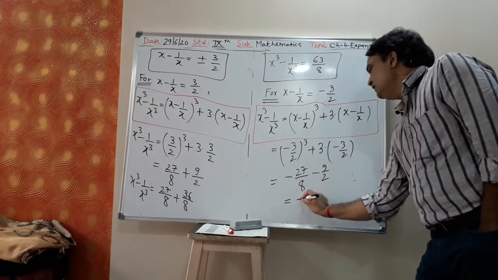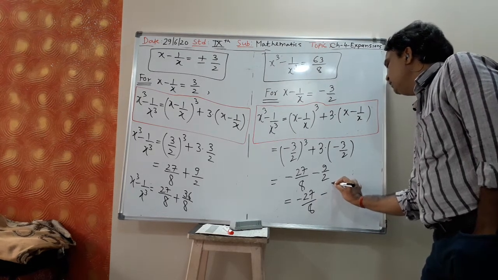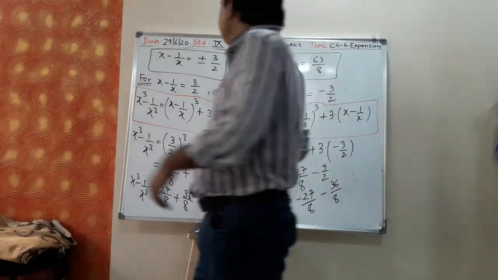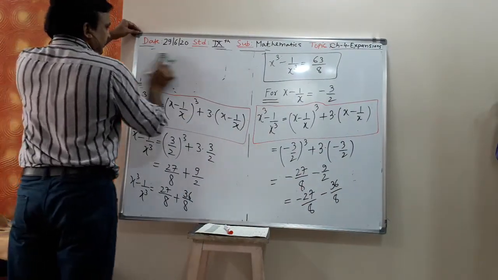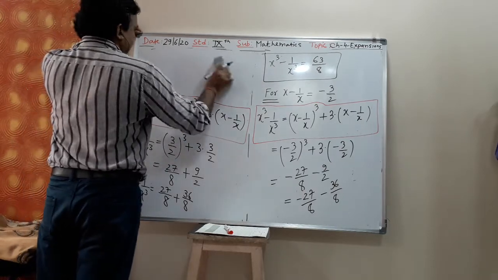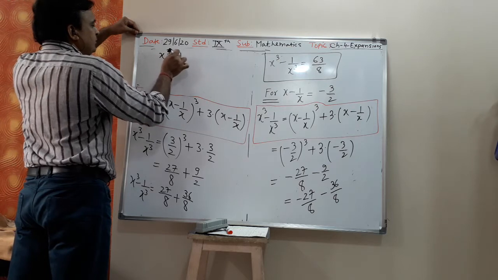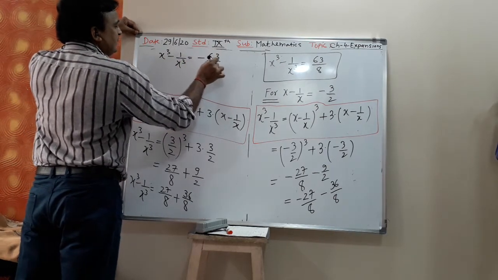So minus 27 upon 8, then minus 9 into 4, 36 upon 8. Minus 27 minus 36, minus 63. Yes, so x cube minus 1 upon x cube is minus 63 by 8.